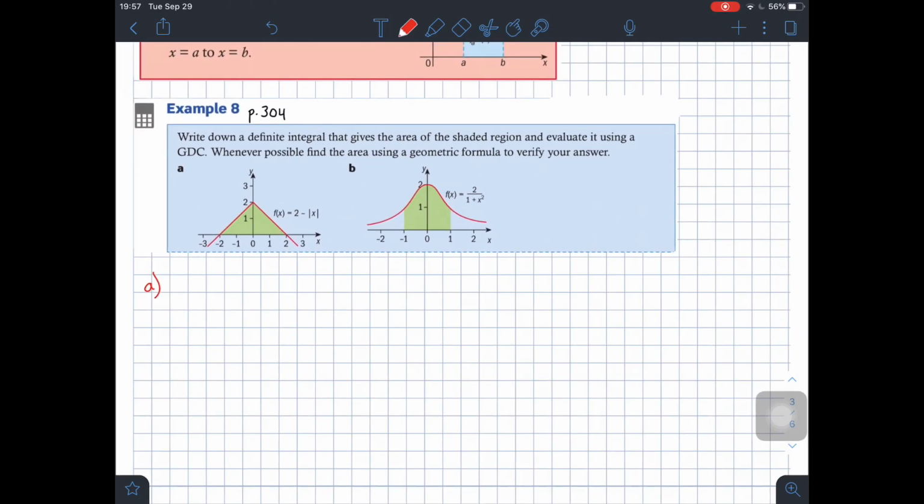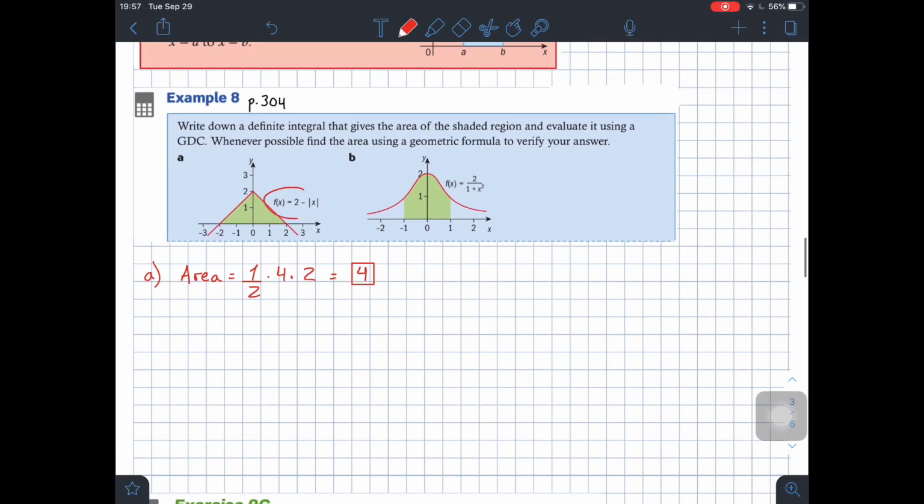If we find it geometrically, we're going to say that the area is 1/2 base. The base in this case is from -2 to 2, so we move 1, 2, 3, 4 spaces. So our base is 4. And the height is 2, right? We move two spaces up. So if we simplify terms, we're going to get that the area of this figure is actually 4, right?